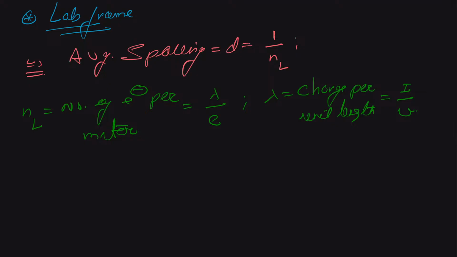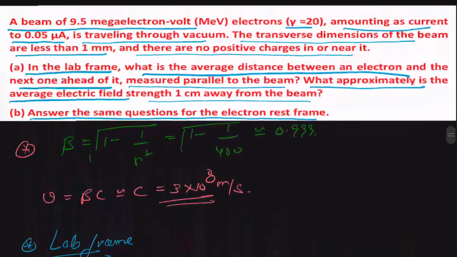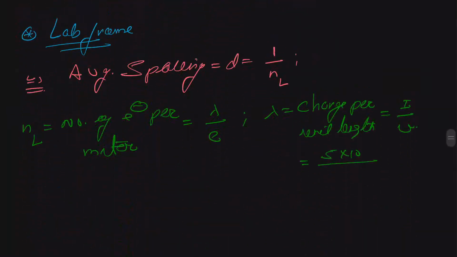So first of all we are going to find lambda. Our current is not 5 microampere but 0.05 microampere, so this comes as 5 into 10 to the power minus 8, and velocity is 3 into 10 to the power 8. So we get the charge per unit length as 1.67 into 10 to the power minus 16.